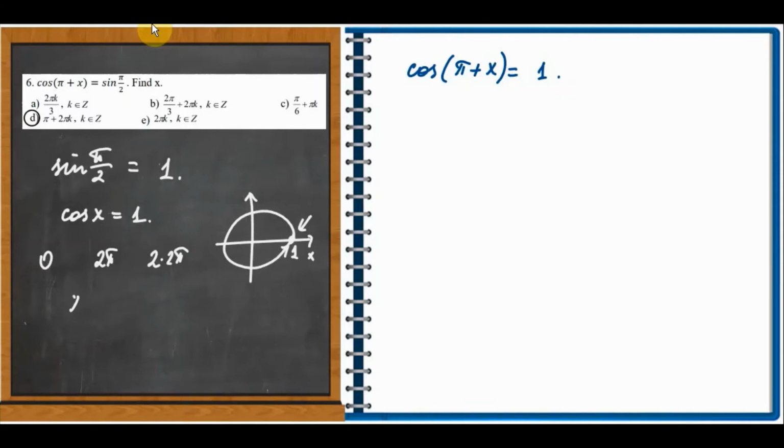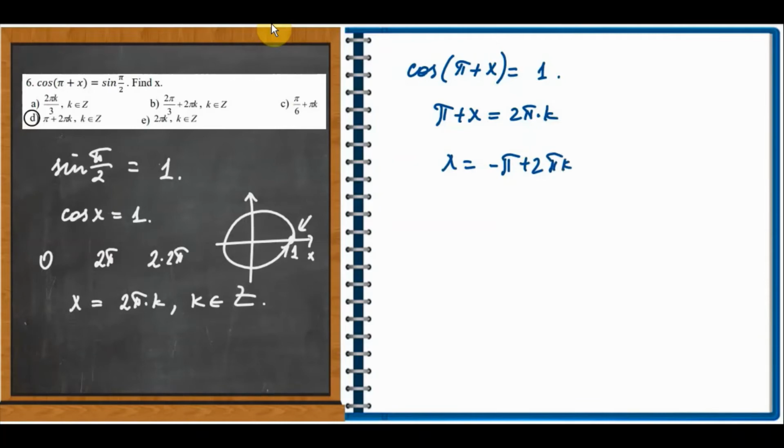Therefore, the solution of this equation will be x equals 2 pi multiplied by k. Here, k's are integer numbers. Now, in this question it will be pi plus x is equal to 2 pi multiplied by k, and x is equal to negative pi plus 2 pi multiplied by k.